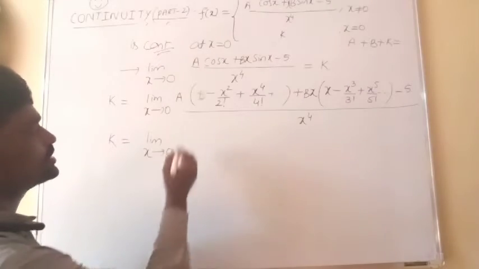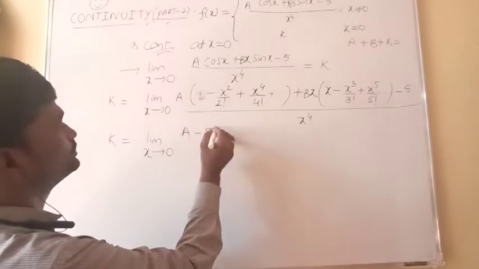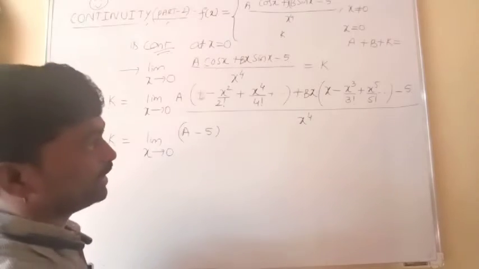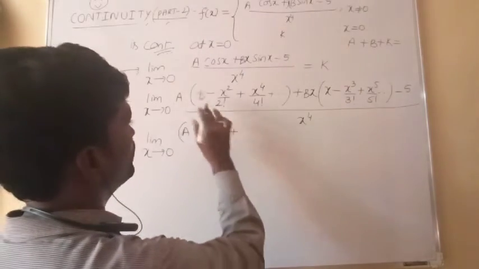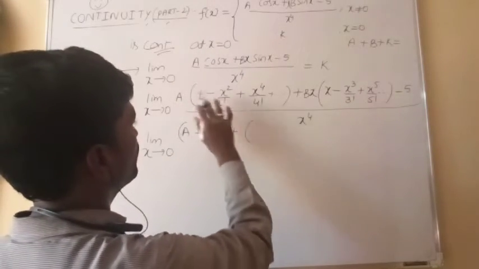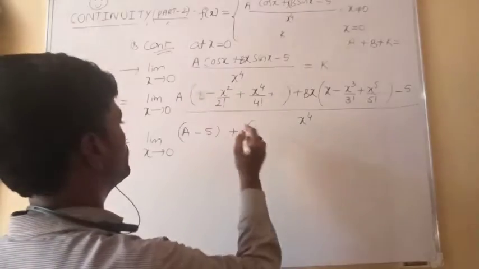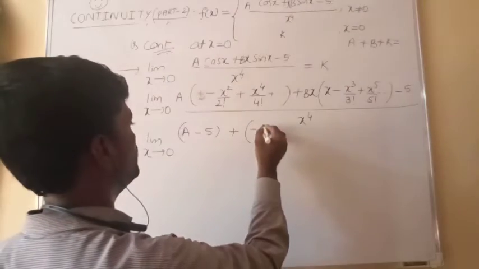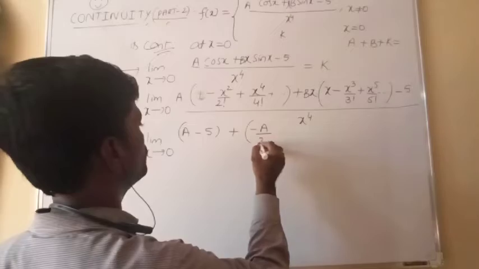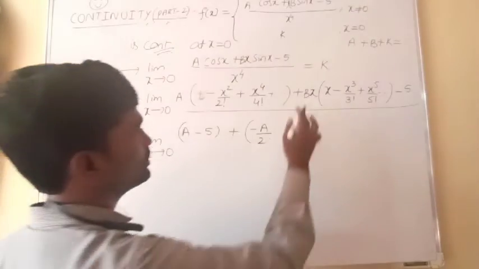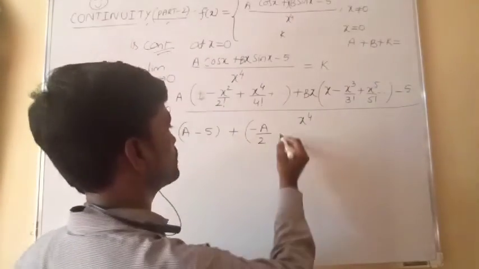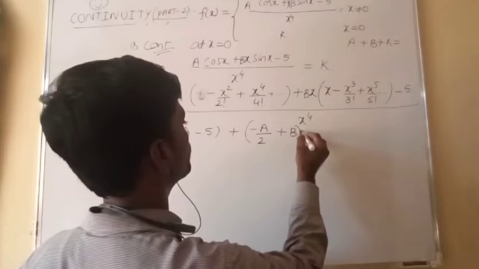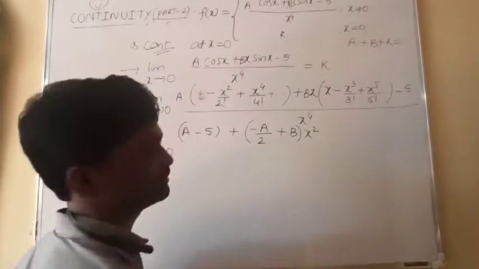Okay. Now the constant term is as it is, a minus 5. X terms you won't get; the x square term you will get next. The x square term here is a into x square by 2 factorial with the minus. So minus a by 2 factorial, 2 factorial is 2. Next bx into x, bx square. So b into x square.